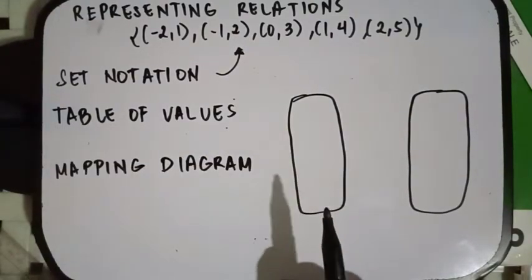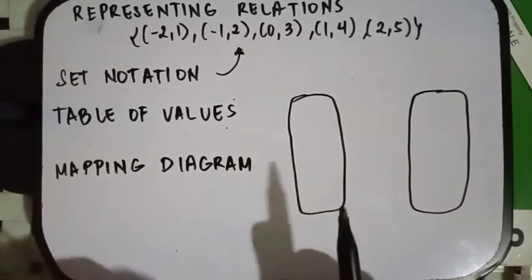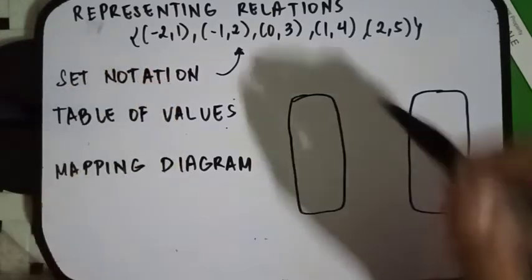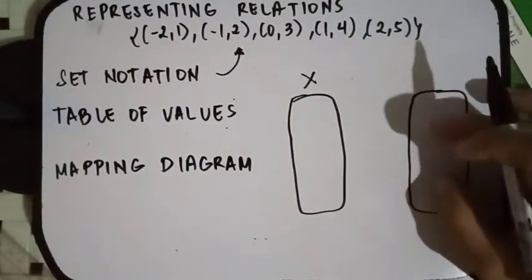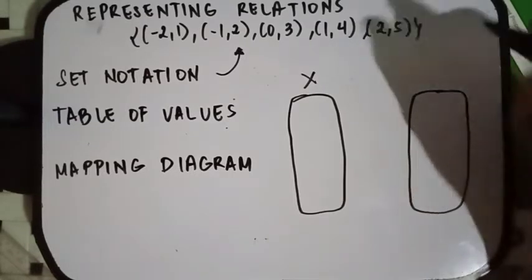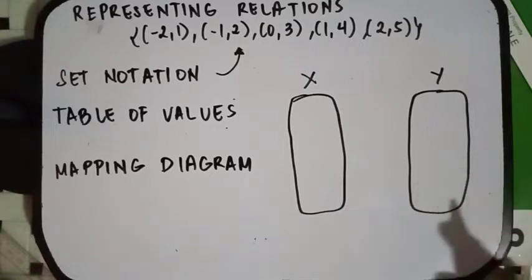Sa first set natin is yung domain. So, alam naman natin yung domain, di ba? Ayan yung set of x values. So, dito yung x, tapos yung pangalawang set is yung range. Okay? Which is the set of values of y.